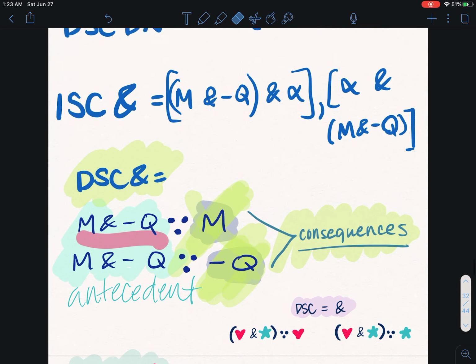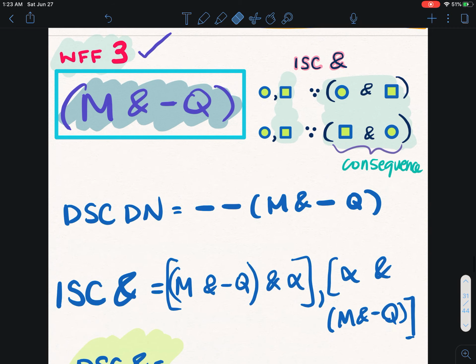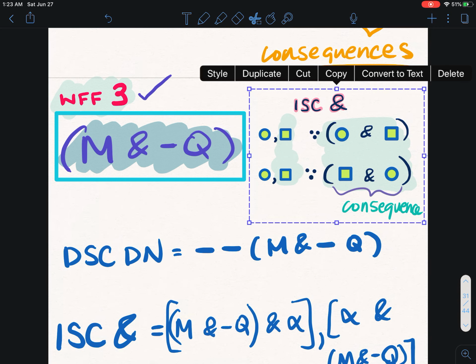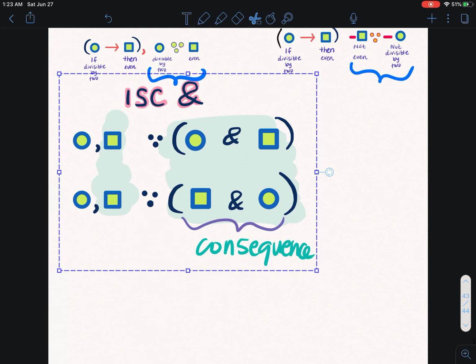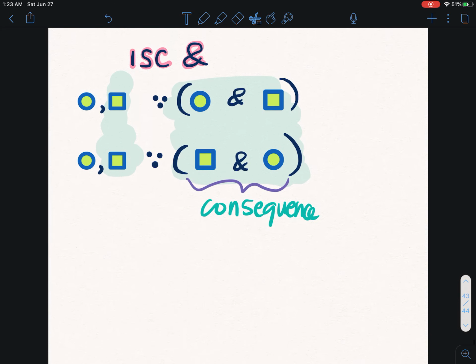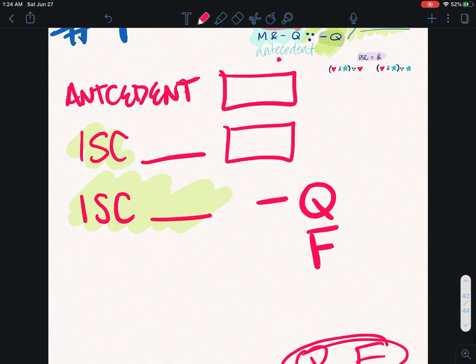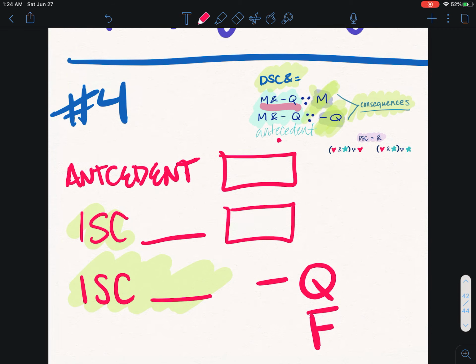So there's one more ISC. This one. So whatever the blank is, the first blank in question 4, we know that it's going to be in the wolf needed column.